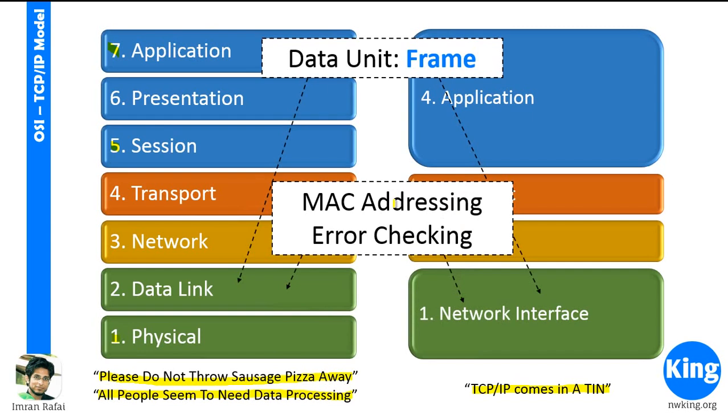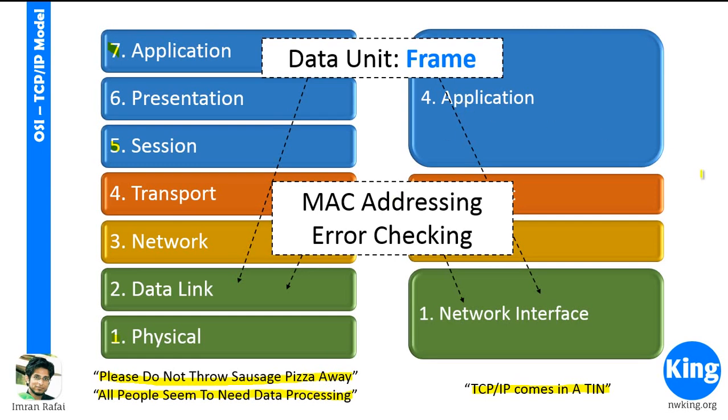Next, we have the data link layer. When the packet comes from the network layer down to the data link layer, it adds a data link header to it, and that information is called a frame. The data link layer is responsible for MAC addressing.